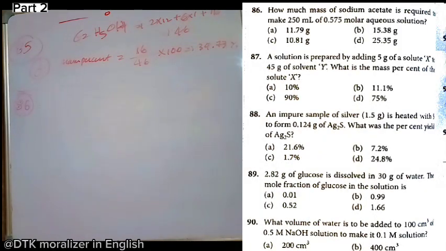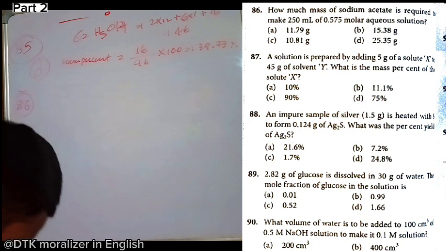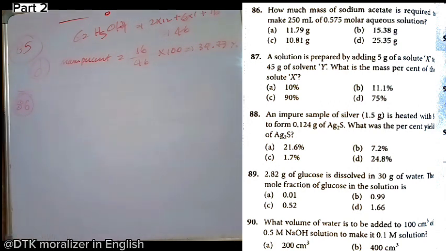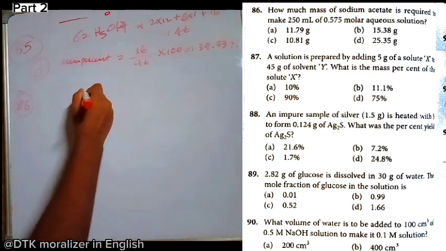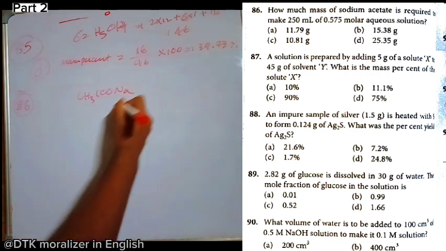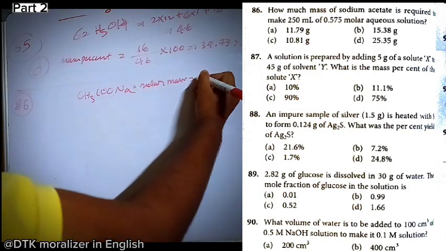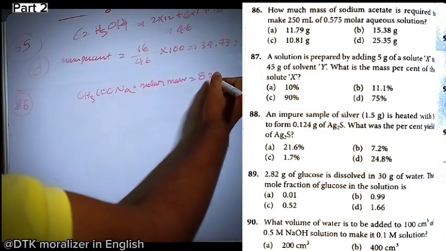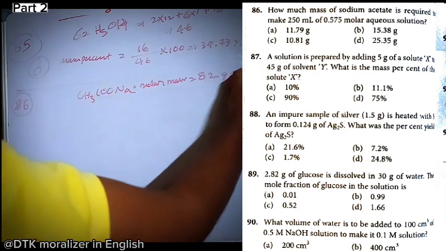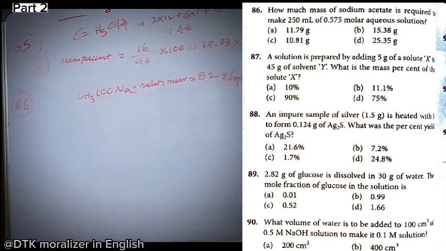How much mass of sodium acetate is required to make 250 ml of 0.575 molar aqueous solution? Here CH3COONa molar mass is equal to 82 grams.